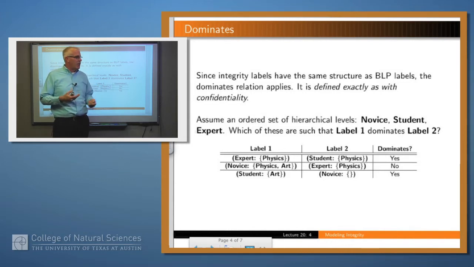So for example, if we have label 1 which is expert in physics and label 2 which is student in physics, then label 1 dominates label 2, because expert is greater than or equal to student, and the set of categories, physics, is a superset of the set of categories, physics. We just apply exactly the same rules that we did with our Bell and LaPadula labels. And later on we'll come to the reason why we care about dominates in this case.